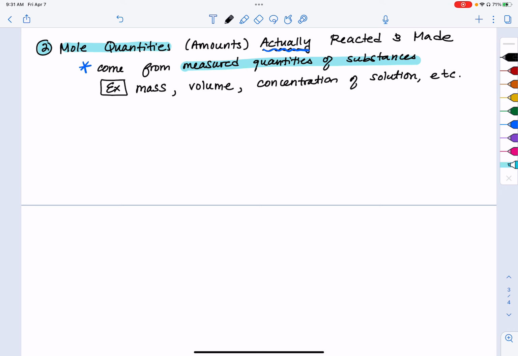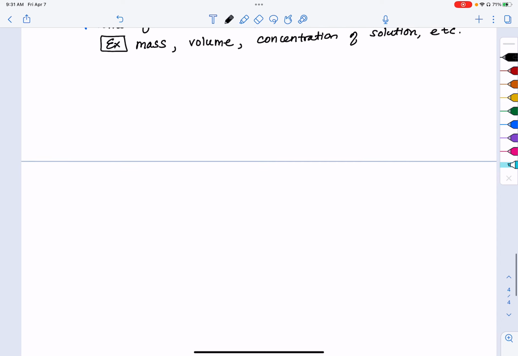So let's think about how we might use all of these to get to moles of a substance used or made in a reaction performed in the lab.